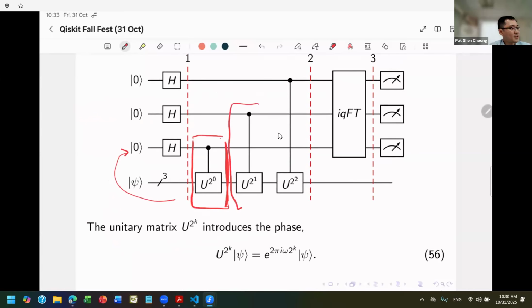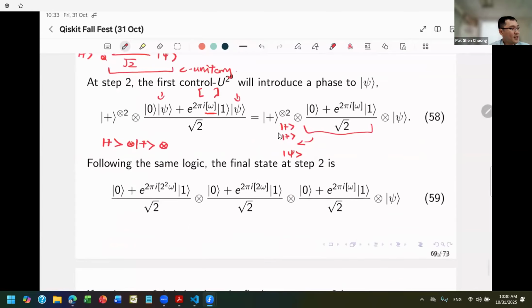How about the effect of this? It will introduce a phase to the second qubit instead of sine. This one will also introduce a phase to the first qubit instead of sine. So effectively, in the end, you get something like this.